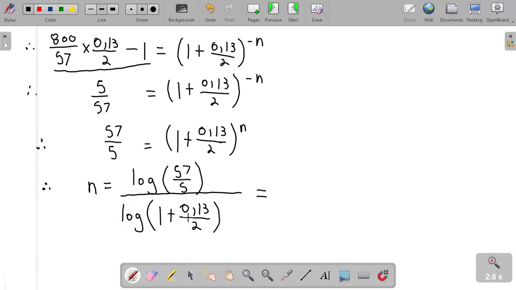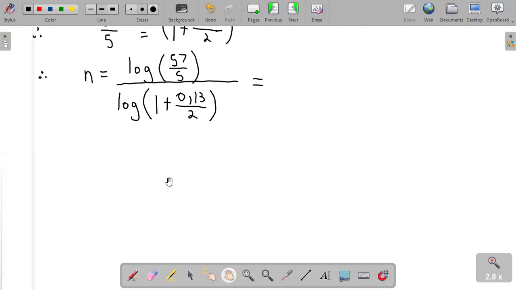So yes, then you use a calculator. So we use logarithms here to bring the n down. Okay, so you should understand how your logarithms work here. So again, you're going to use a calculator. You type all that into your scientific calculator.